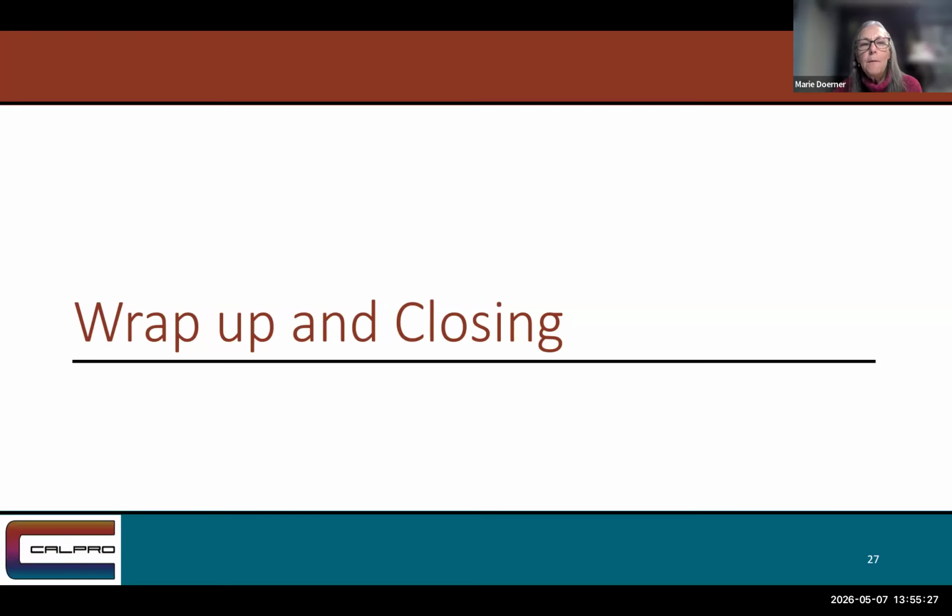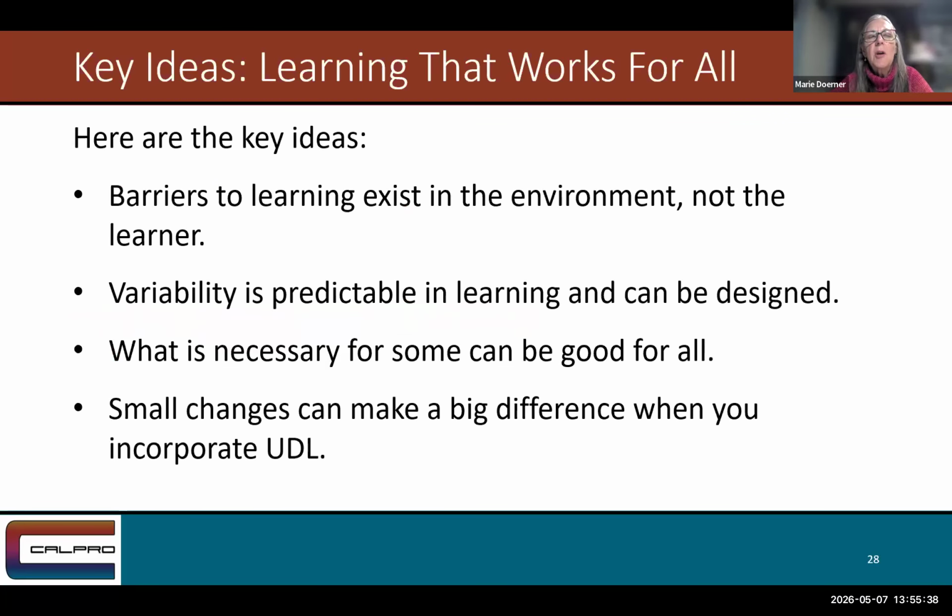So we've got about 5 minutes left, so we're just going to wrap up, and hopefully this gave you some ideas to move forward and to start wrapping your head around UDL. The key ideas were that barriers to learning exist in the environment. It's not the learner.